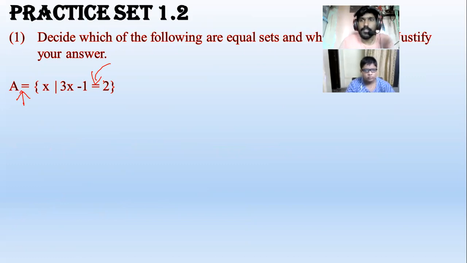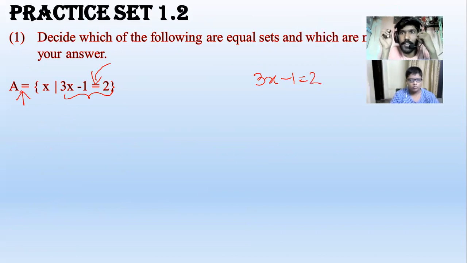Now this is in the set builder form. In roster form, how will this become? x such that this equation, 3x minus 1 equal to 2. You have to solve this to find the value of x. How will you do it? You take minus 1 to the other side of the equal to sign.